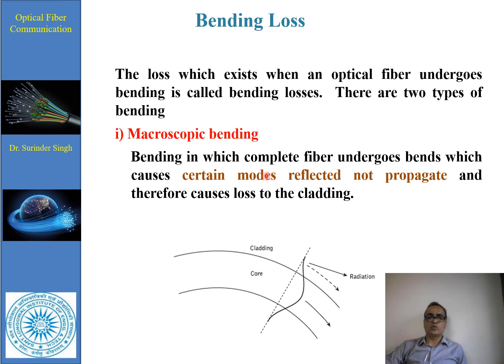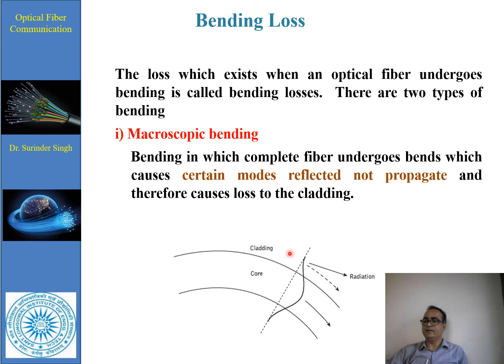Now in macroscopic bending, the fiber undergoes a big bend, for example at a building. The loss increases exponentially as the radius of curvature changes. If instead of a big room we take a small one, the radius of curvature goes down, and this causes an increase in bend loss up to a certain radius.